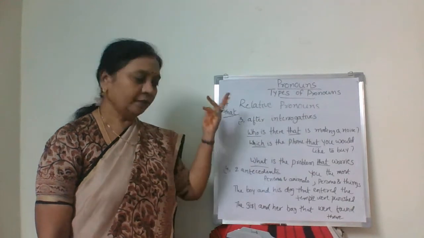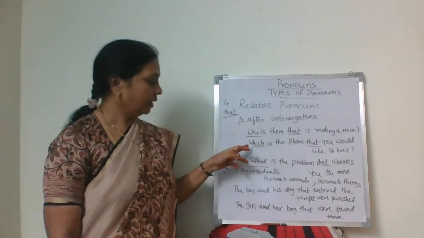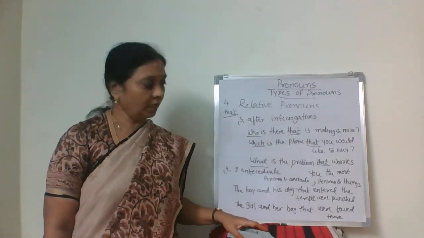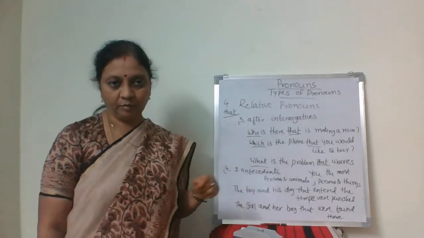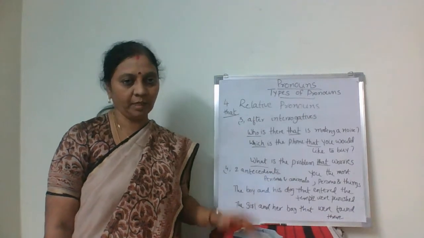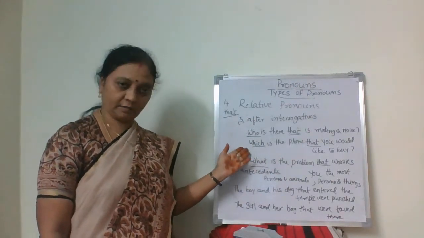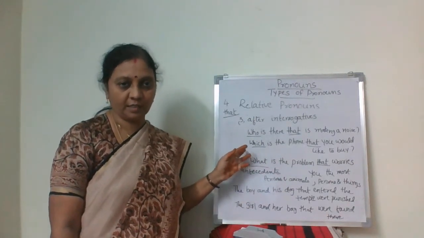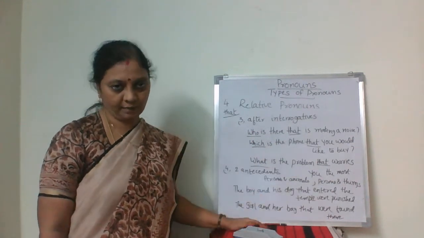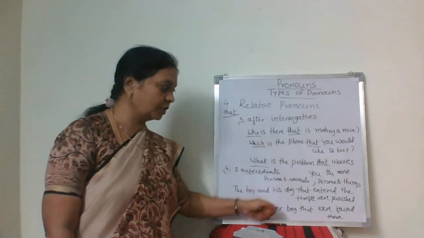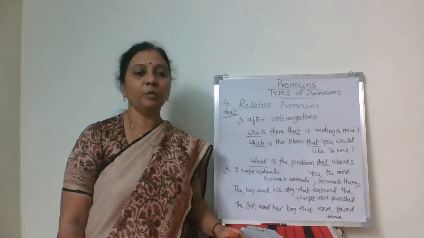Which is the phone that you would like to buy? Already the interrogative question word is there. Which is the phone? But you want to say something else, then you have to use that.